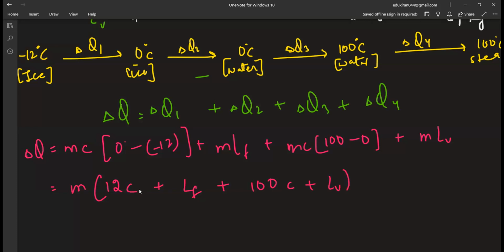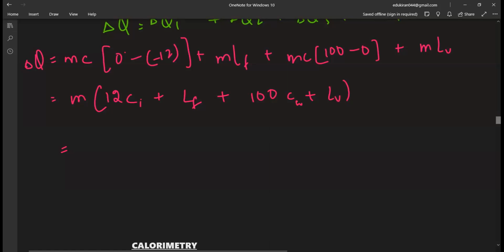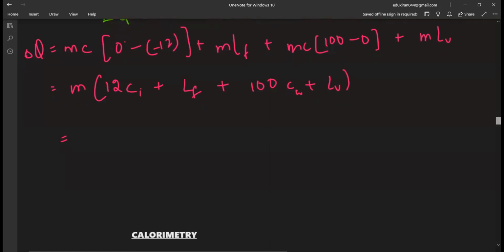This is the specific heat of ice. This is the specific heat of water. Now you just have to put in the data. How much mass did we start with? 3 kg.